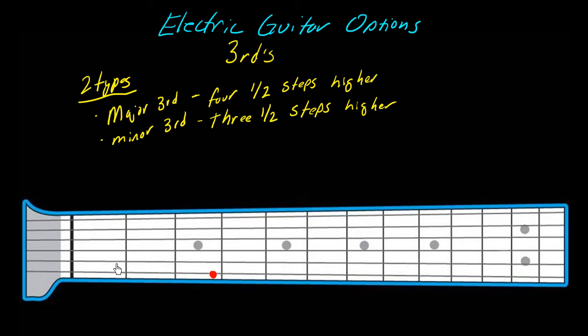So here's a major third. Minor third is this relationship, on the next string, but 2 frets lower. So once again, here's a major third. Here's a minor third. That's all you need to memorize. Major third and minor third.